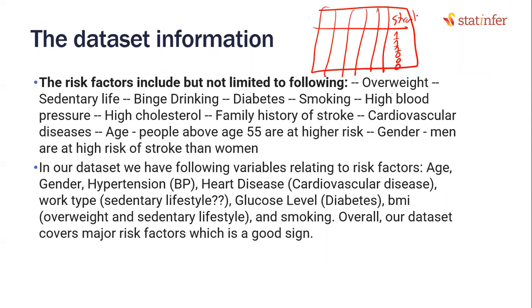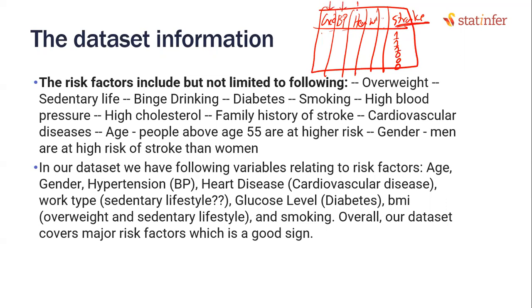Stroke is the final variable that we are very much interested in, and we have other variables like the gender of the patients, whether they have hypertension, blood pressure or not, whether they have a record of any heart disease or not, what kind of work type, whether they are rural or urban, their glucose level, whether they smoke or not. Like that we have all the vital information. And then finally whether the patient got stroke or not.